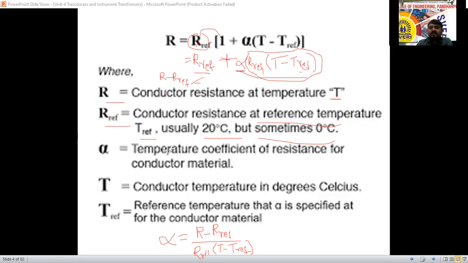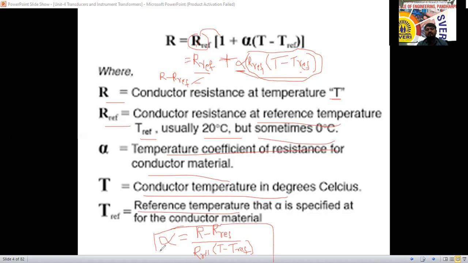Alpha is the temperature coefficient of resistance for conductor material and T is the conductor temperature in degree Celsius. How much the conductor temperature will increase or decrease in degree Celsius. And T reference is the reference temperature for the alpha specified for the conductor material. So this is the alpha formula we have derived here now.